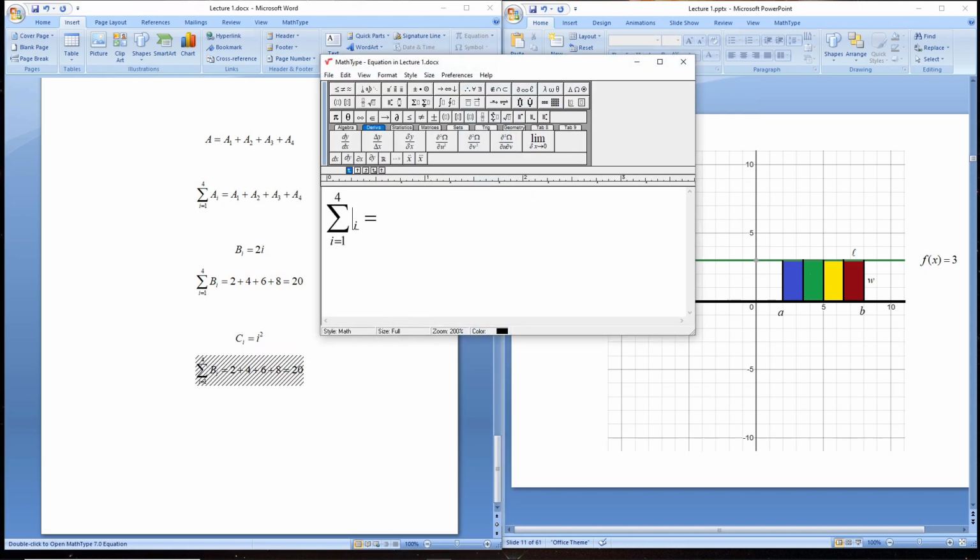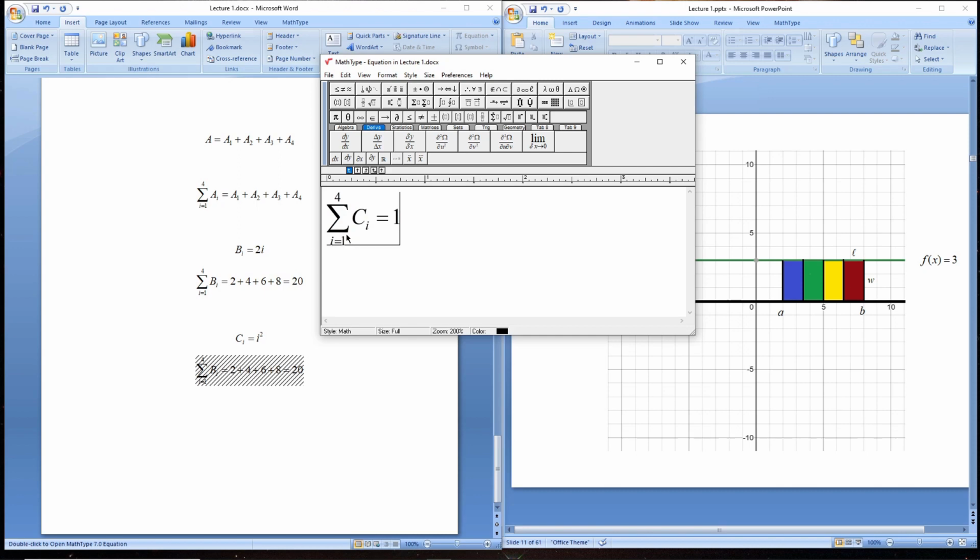So we start with i equals 1. If i is 1, 1 squared means 1. So we're done with 1.